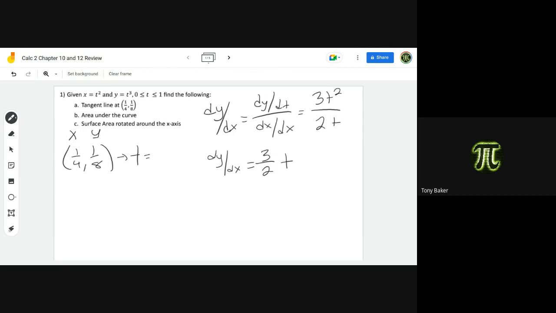You should be able to figure it out. What squared is going to give me 1/4? That's 1/2. And then you just test the other one: 1/2 to the third power is 1/8. So t is 1/2. Now I can plug that in here. My derivative at that point is 3/4, because it's 3/2 times 1/2.